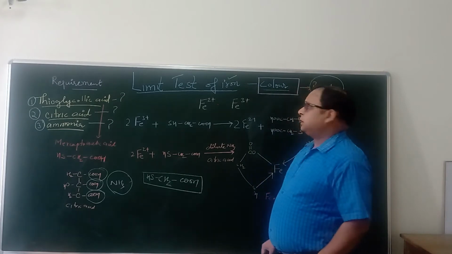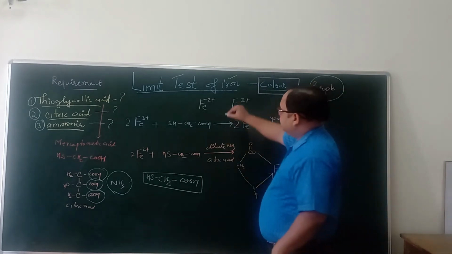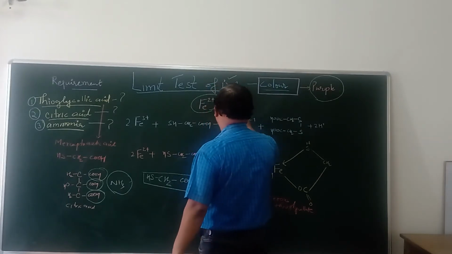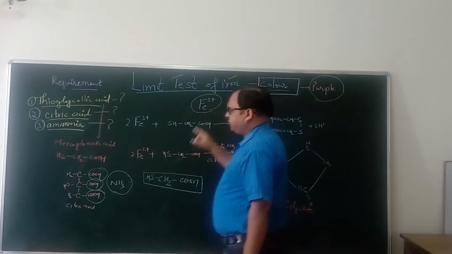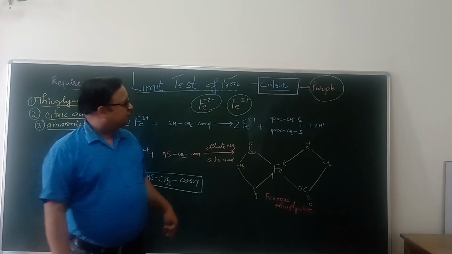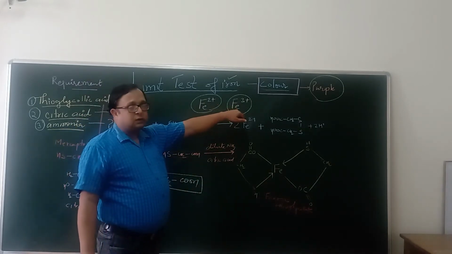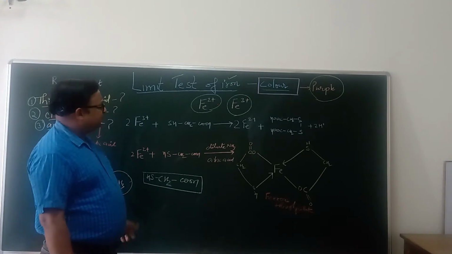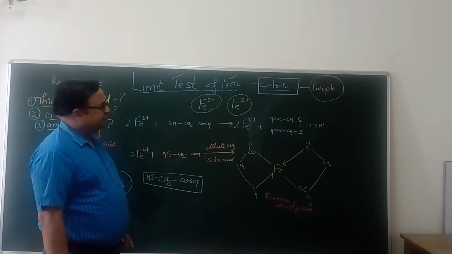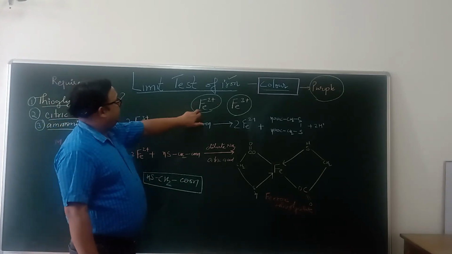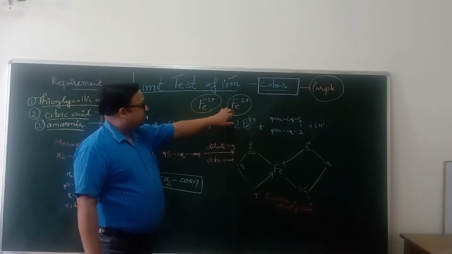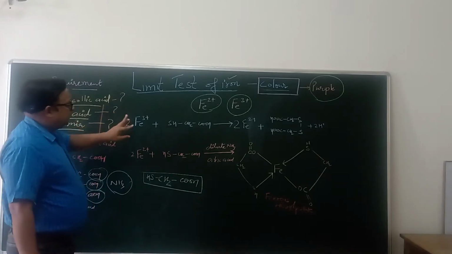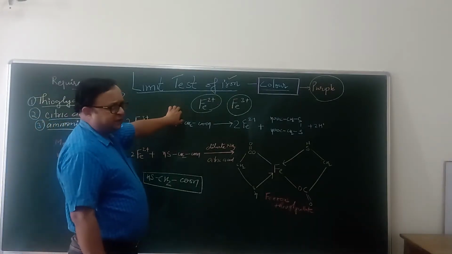If you look at the valence of iron, iron exists in two oxidation states, +2 and +3. The +2 oxidation state is called ferrous, the +3 oxidation state is called ferric. So as an impurity, this iron can be present either as ferrous or as ferric. Now, if it is present as ferrous, no concern.